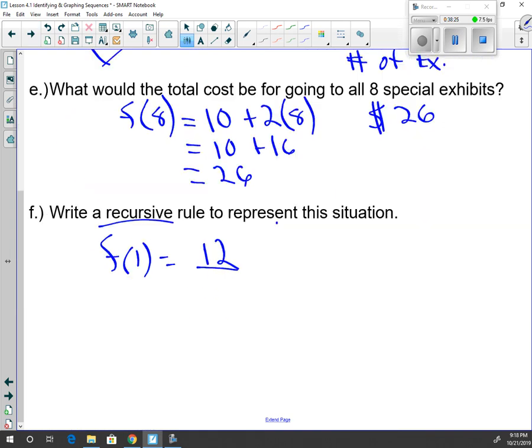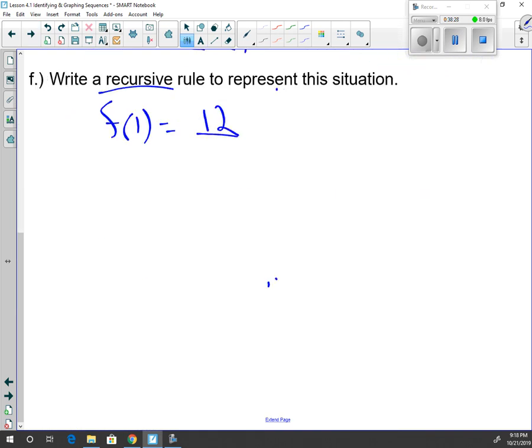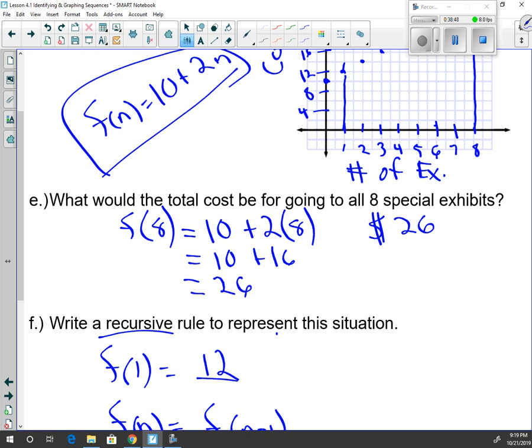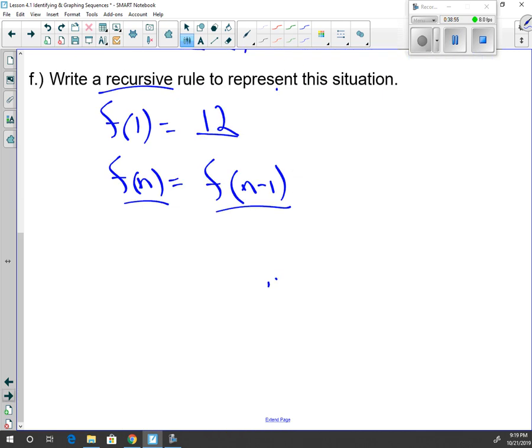Without even knowing anything about the sequence, I know for sure, because of the form, that I need f of n equal to f of n minus 1, plus something. What stuff are we doing? If we look at the graph, aren't we just adding 2 every time, right? From 0 exhibits to 1 is $2 more, $2 more, $2 more. So that's what we're doing. Plus 2. There it is. And that is your recursive rule.